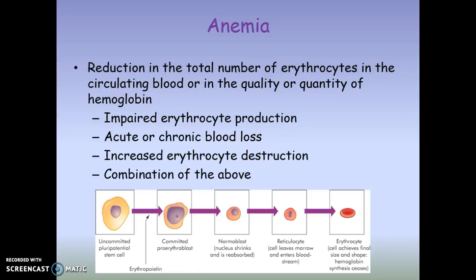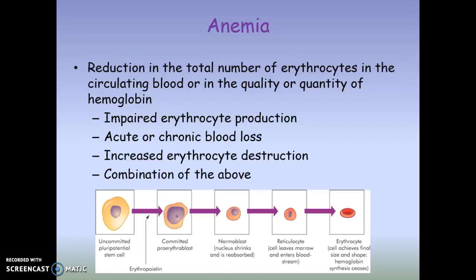So, the first disease that we're going to talk about is anemia. Anemia is the reduction in the total number of erythrocytes in the circulating blood, or an issue with the quality or quantity of the hemoglobin found within erythrocytes. If you remember, the function of erythrocytes is to transport gas to and from the tissue cells and the lungs.